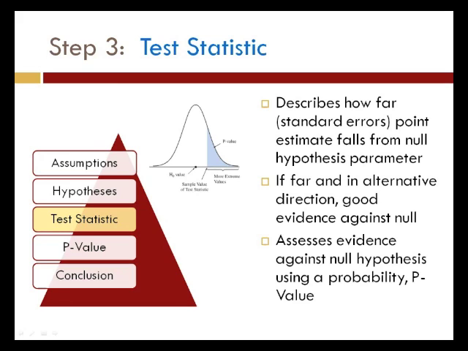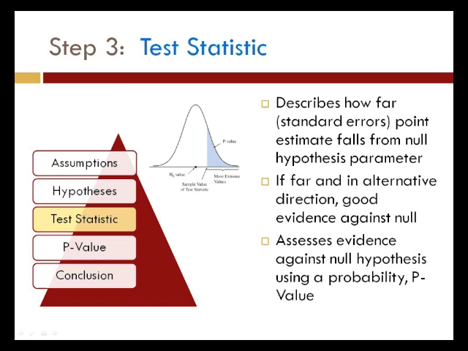The third step is the test statistic. And we've talked about statistics before. Statistics go with samples like populations go with parameters. So a statistic is some measure of our sample. Here, the statistic is the measure of how far our data is from our hypothesized mean.